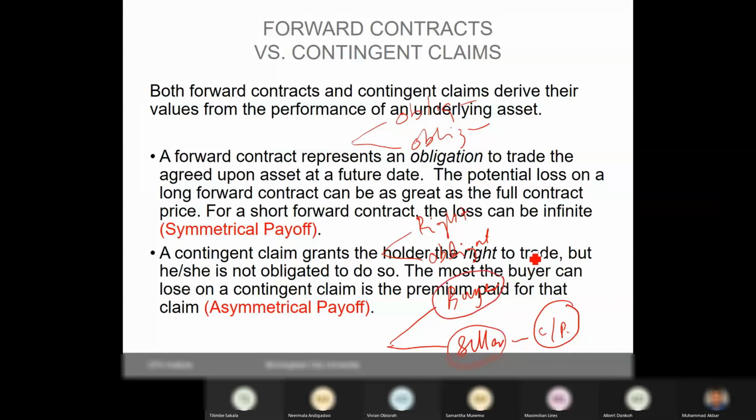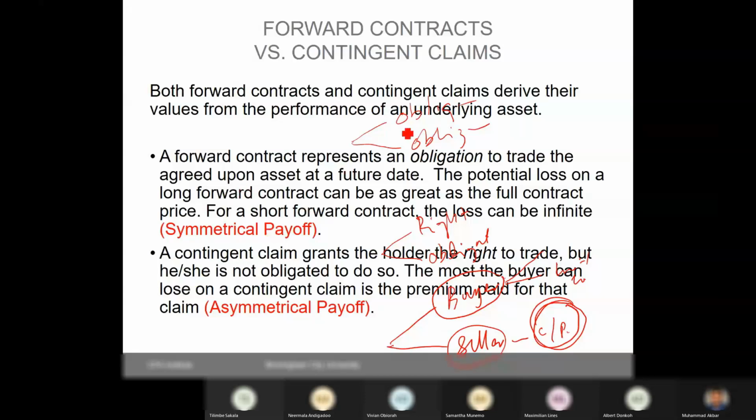However, the buyer will have limited losses because the only amount he can lose is the price of the call or the price of the put he or she has paid to the seller. However, their gains can be unlimited in a call option. In a put option, the gains can be limited, but they will still be quite higher than the price they have paid for the put option. Is it clear now?